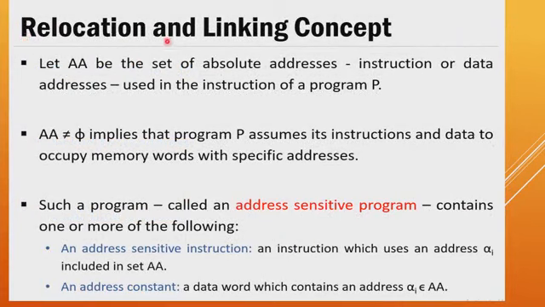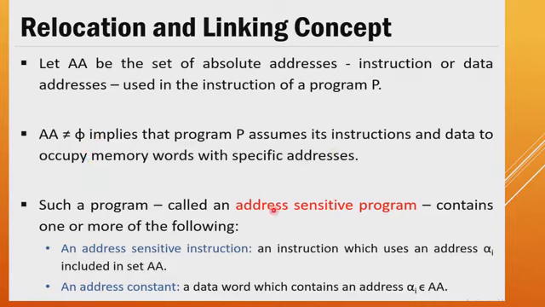Now what are the relocation and linking concepts? Let AA be the set of absolute addresses, the instruction or data addresses used in the instructions of the program P. So AA is not equal to empty set. That implies that the program P assumes its instructions and data to occupy memory words with specific addresses.